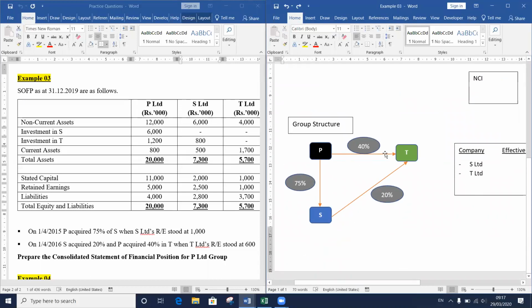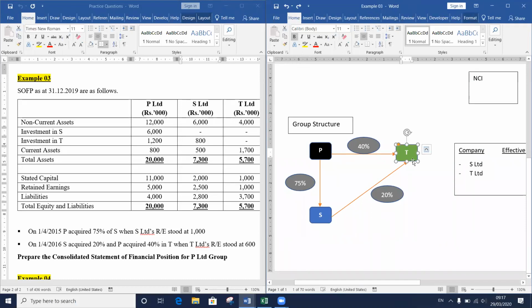We have a 40% interest, S has a 20% interest, so together we can control 60% of T. We have control of company T. T is also a subsidiary for us.